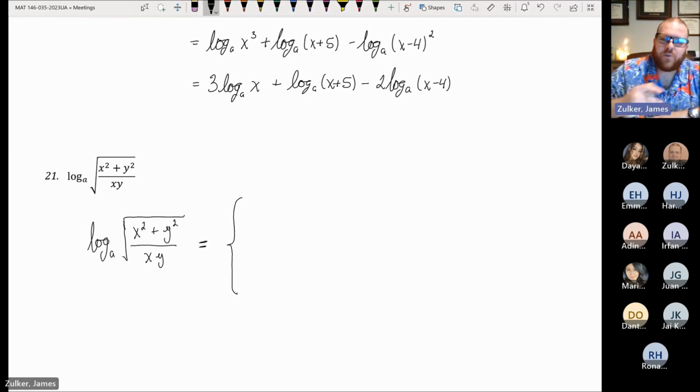The first is to recognize the square root. What power is a square root?